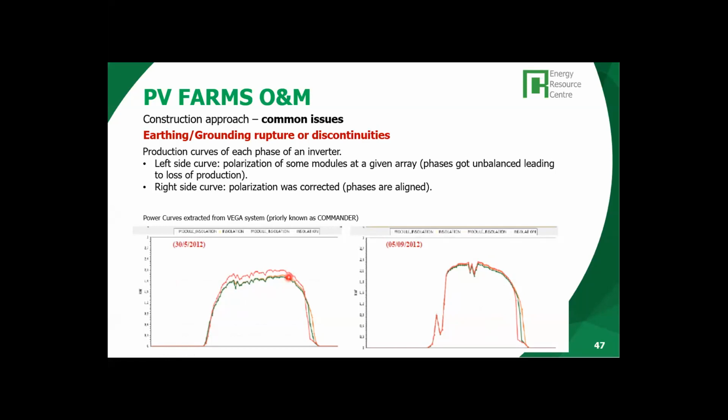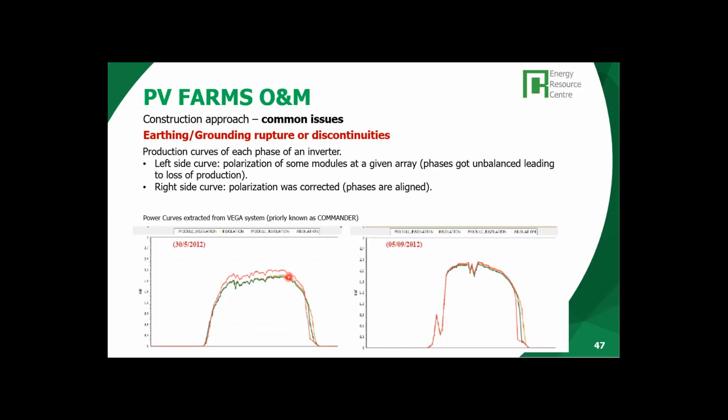Yes. This problem was detected in a plant in Spain of 1 megawatt with dual axis tracker, but it was very difficult to find the origin of this deviation. The deviation is more or less a 5% loss of one phase with respect to another. It is small, and then the SCADA system will not generate an alarm.